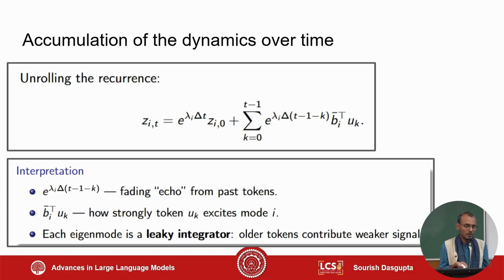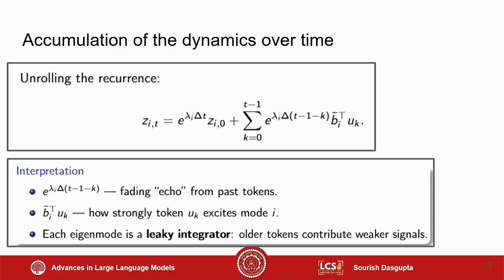So, accumulation: if you unroll the particular integration factor, you'll see there's an accumulation of the dynamics over time, which would mean that this T minus T0 can be written as, let's say, delta T, and then you can look at the integration as a summation over k equals 0 to t minus 1 of e raised to lambda I delta times (t minus 1 minus k), multiplied by B I transpose of u k.